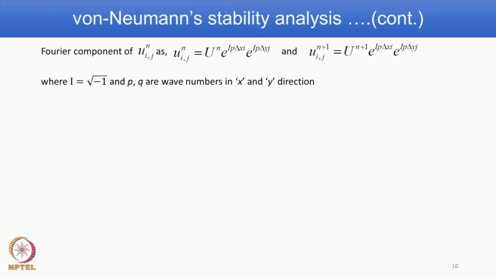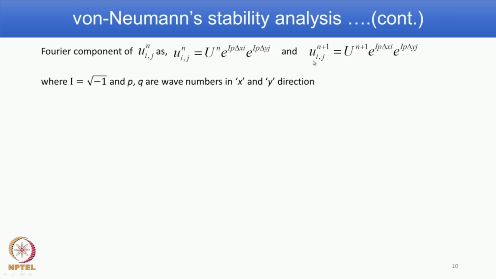So, consider the Fourier component of u i comma j n as u i comma j n equal to U at n, where capital U is for the wave amplitude, times e to the power of I p delta x i and e to the power of I q delta y into j. Now, we have an additional term when you compare with the 1D situation. One term is for the x direction, the second term is for the y direction. We extend this for all other terms in that equation.